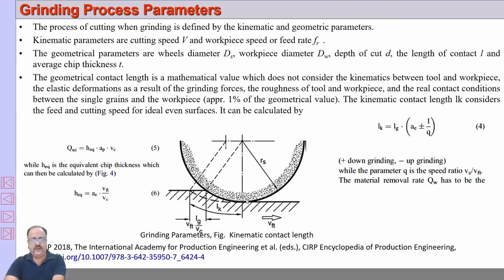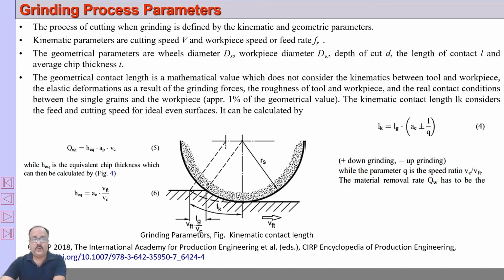However, if there is feed, within the same time, this point should reach here, but it reaches here because of the feed. So this distance is equal to Vf t, the feed velocity in this direction, or Fr, I have defined as Fr, feed rate. So this is Fr into Lg by Vc.